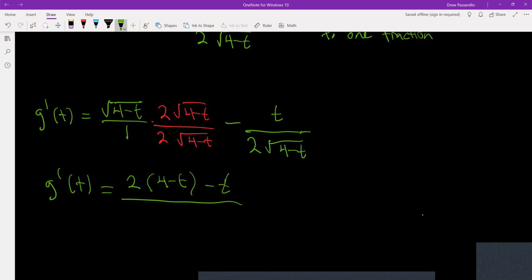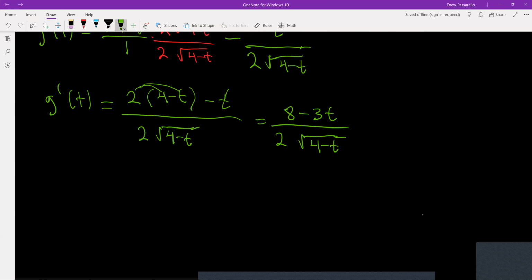All of that's divided by 2 times square root of 4 minus t. And then I distribute the 2. That makes that 8, and then minus 2t, but then I have this other negative t, so it becomes negative 3t. So it'll be 8 minus 3t over 2 square root of 4 minus t.